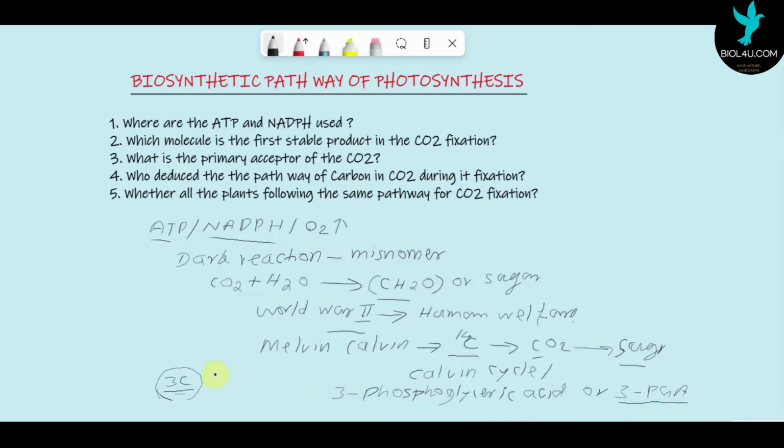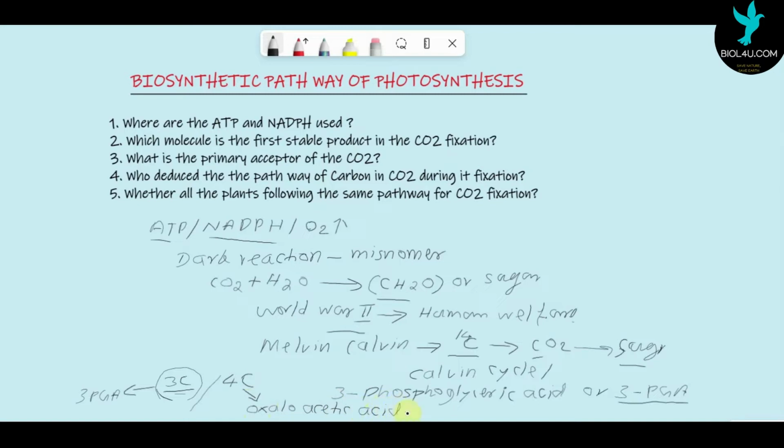No. After analyzing a number of plants, it came to be known that some plants have a 3-carbon compound, the 3-PGA, as the first stable product, and some other plants have a 4-carbon compound as the first stable product. PGA means phosphoglyceric acid, phosphoglycerate, and this 4-carbon compound is again an organic acid, known as oxaloacetic acid.